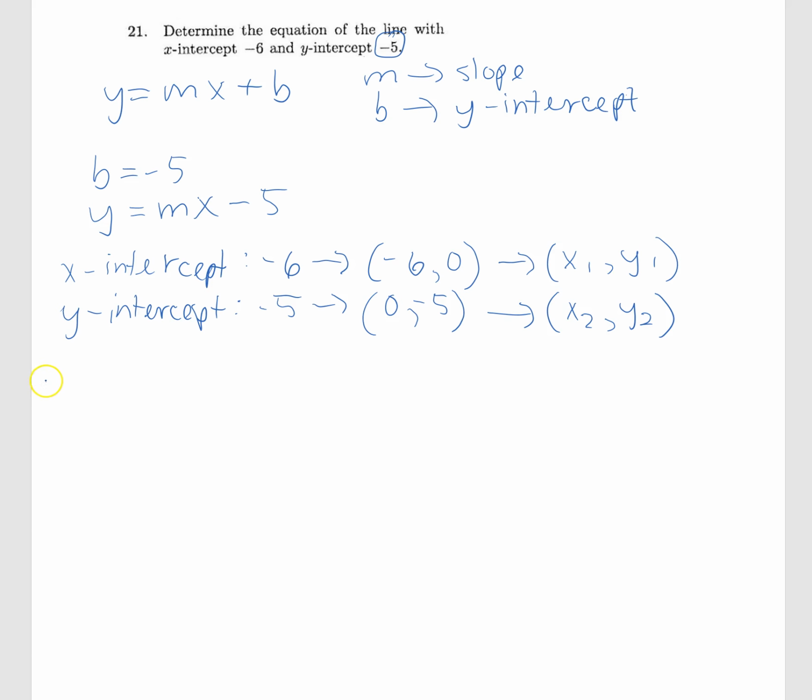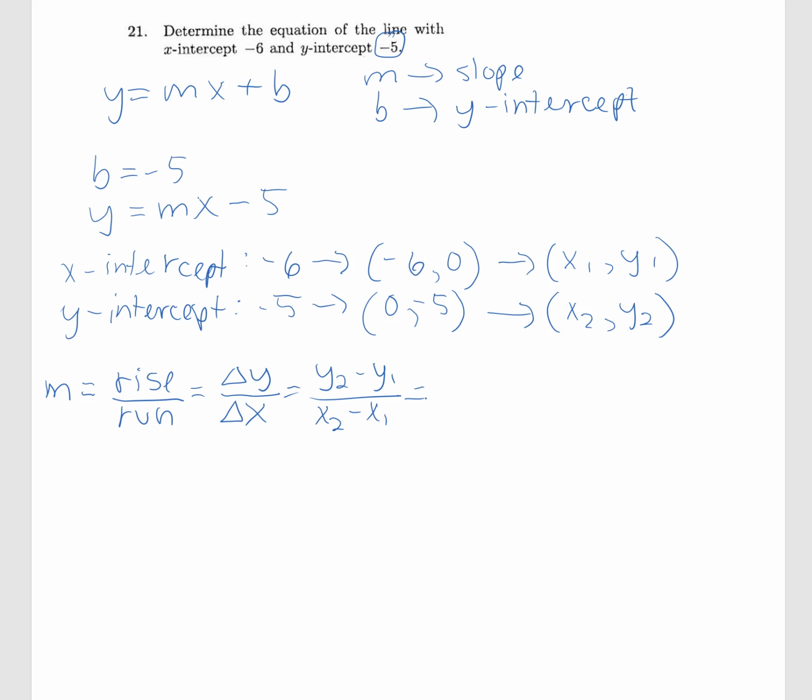So our slope is equal to rise over run of our line, which is the same as saying the change in our y values between 2 points over the change in our x values. So we can rewrite this as y2 minus y1 over x2 minus x1.